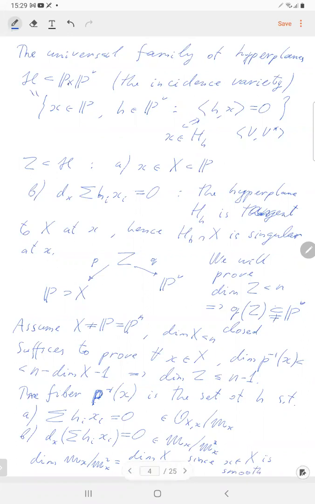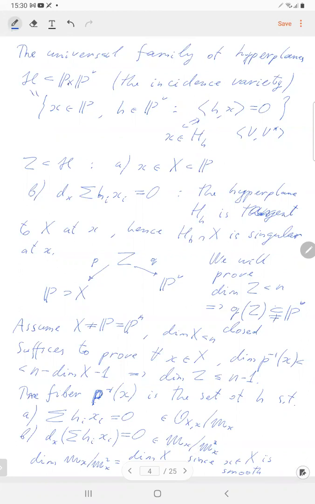Okay, and since in this local chart the functions are just linear, you see, it's a bilinear function. It's h_i times x_i, and then you add up. So in h it's a linear function, and in x it's a linear function, and this way the map from all functions to this maximal ideal modulo its square is certainly surjective. You can find an appropriate linear function with a given differential.